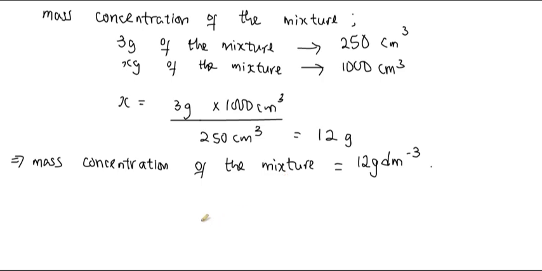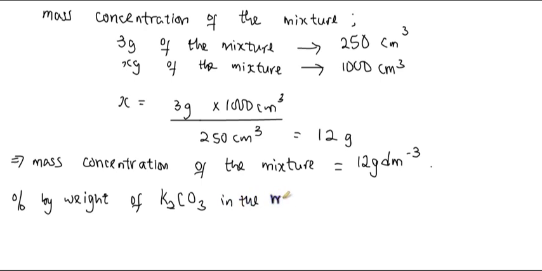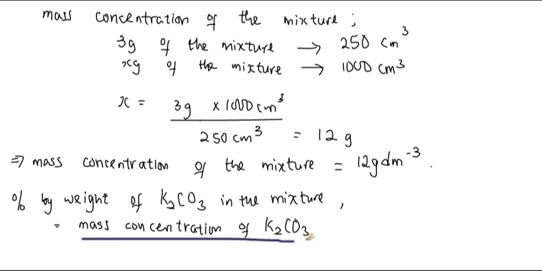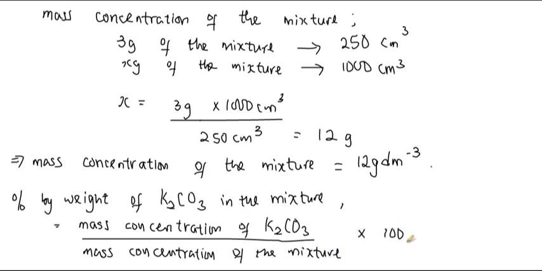So to do that, we'll say percentage by weight of K2CO3 in the mixture equals mass concentration of potassium carbonate divided by mass concentration of the mixture, multiplied by 100, since we are dealing with percentage.